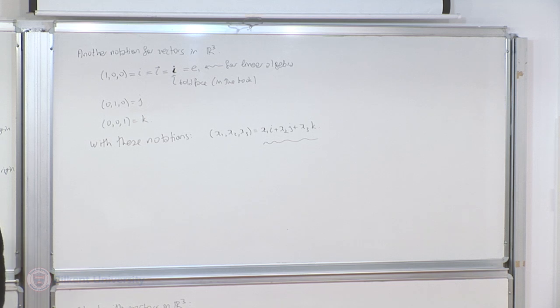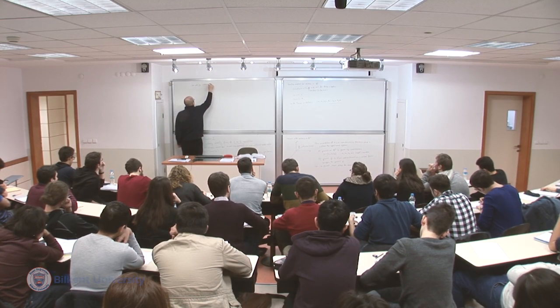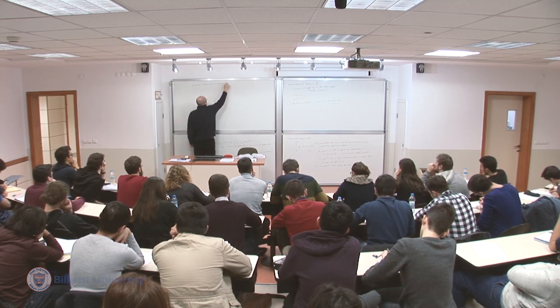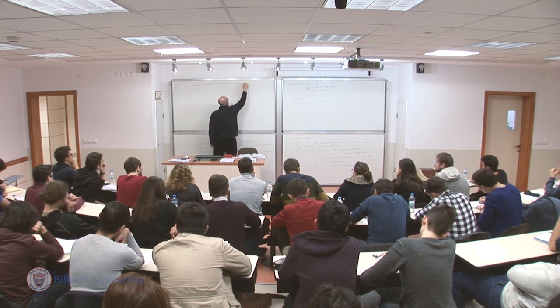Okay, so this is what we have for coordinate system. We will be using some simple descriptions. Okay, so let me erase this. We will be restricting our attention to some regions of R3.